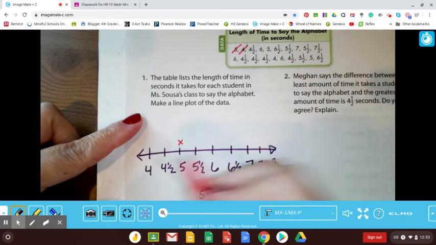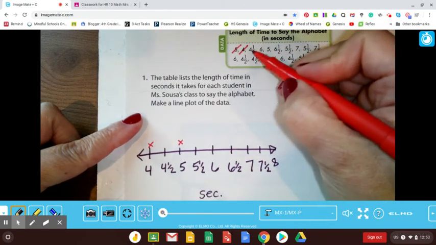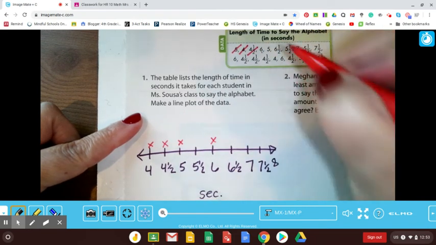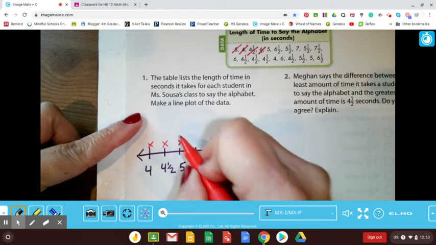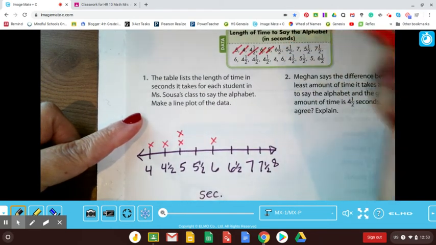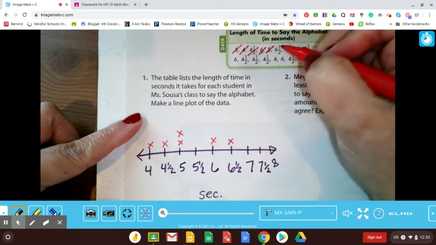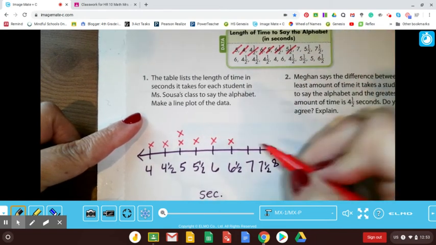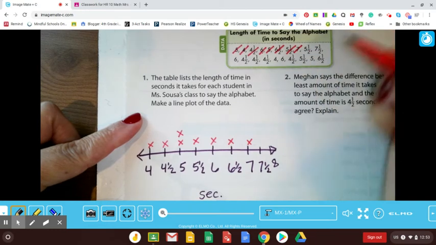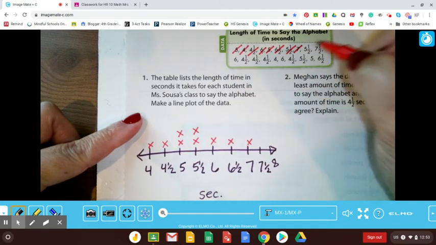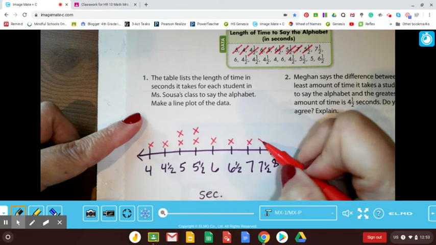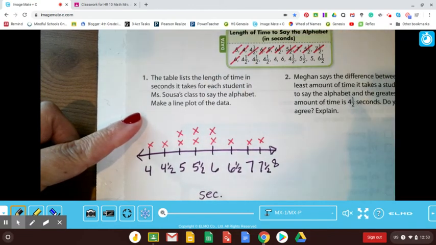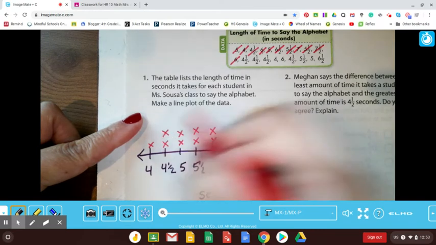That's a 4. 4.5. 6. 5. 6.5. 5.5. 7. 5.5. 7.5. 6. 4.5.